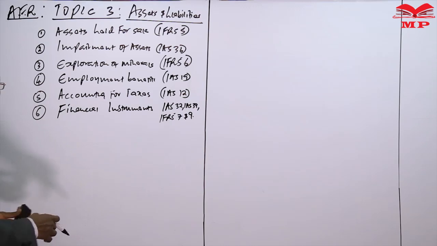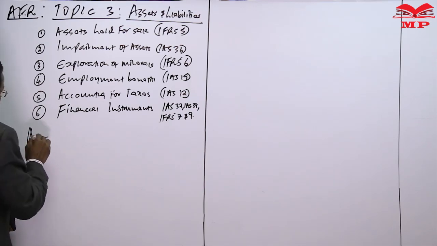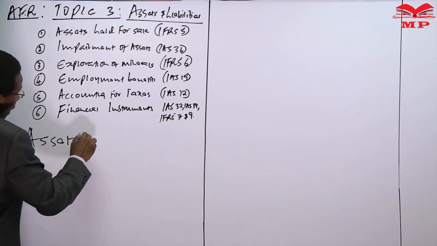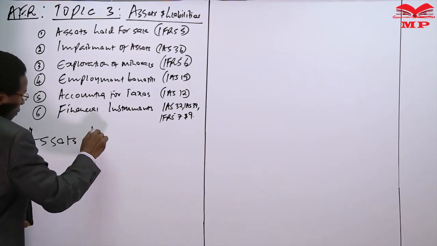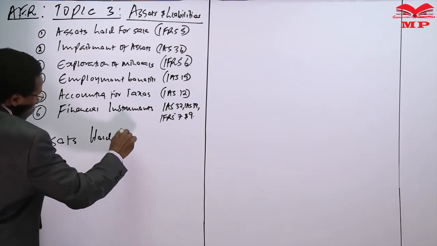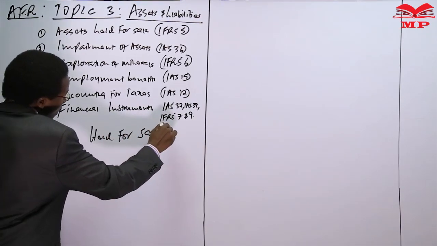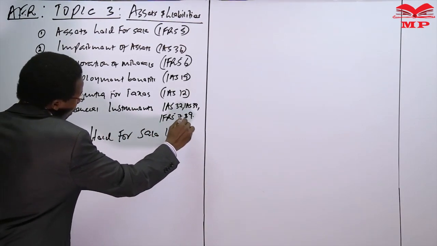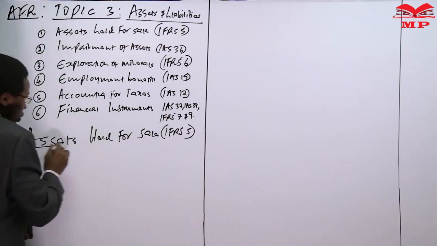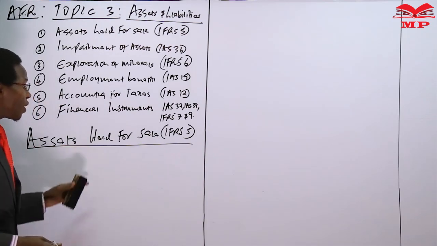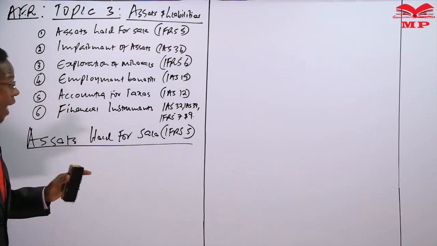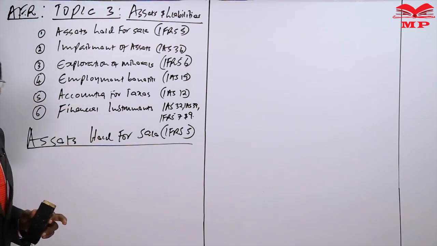Now we'll start with assets held for sale. IFRS 5. We will not forget to mention that IFRS 5 deals not only with held for sale items, but also discontinued operations.